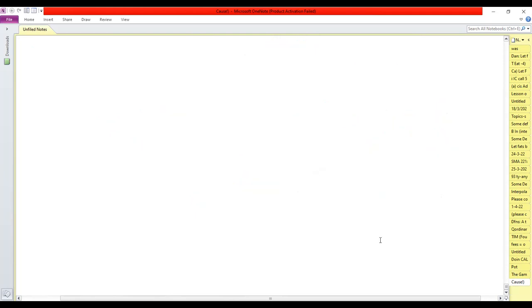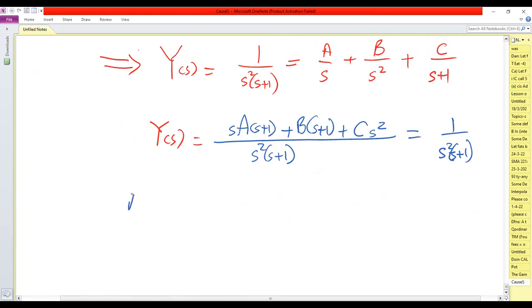Now, this means that A s (s plus 1) plus B into (s plus 1) plus C s squared is the same as 1. So we are interested now in solving the values of A, B, and C.